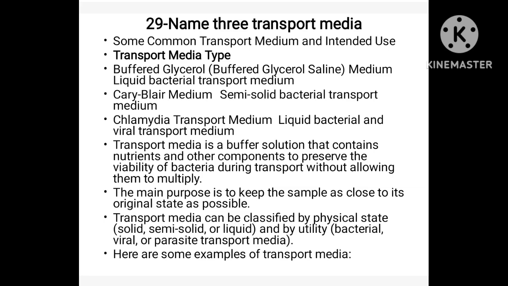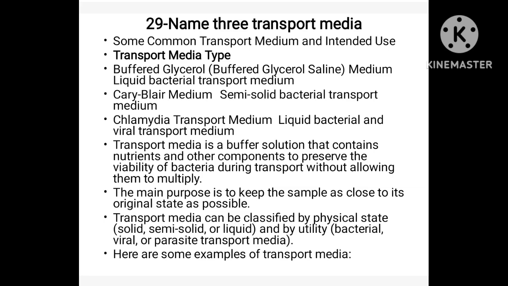Transport medium is a buffer solution that contains nutrients and other components to preserve the viability of bacteria during transport without allowing them to multiply. The main purpose is to keep the sample as close to its original state as possible.